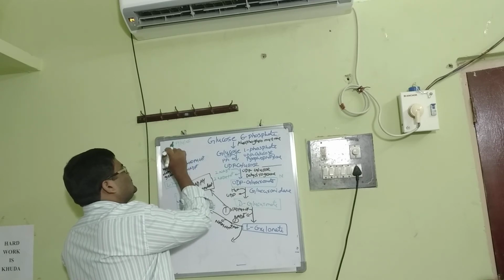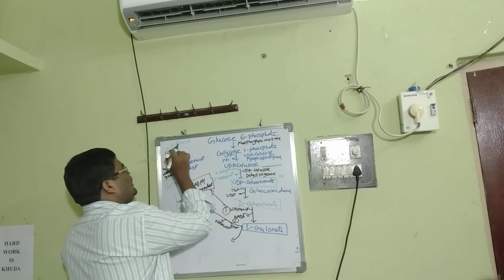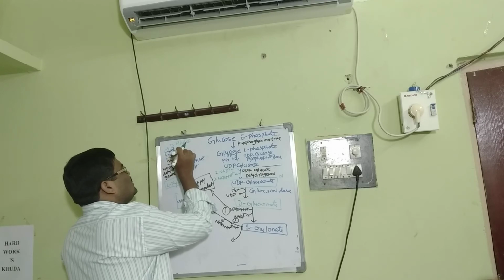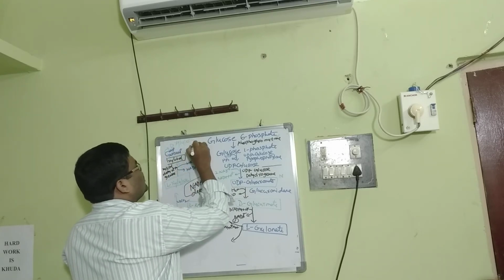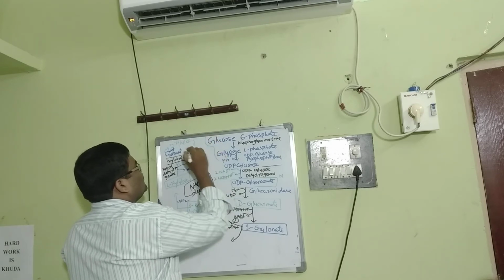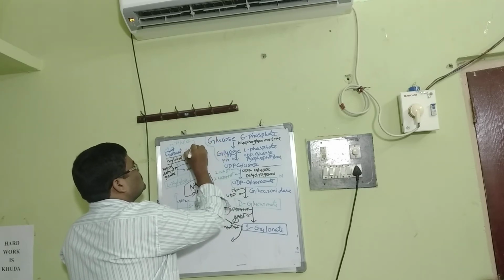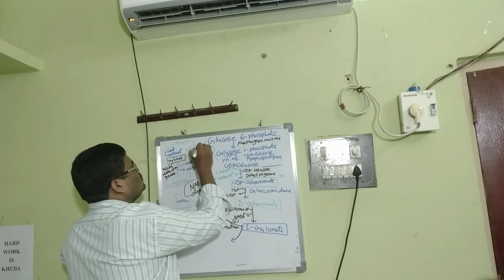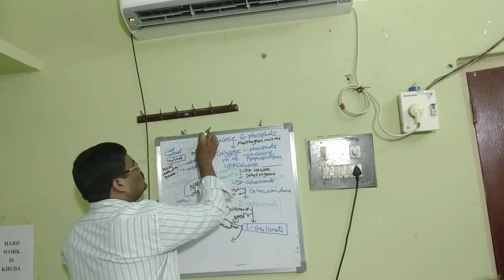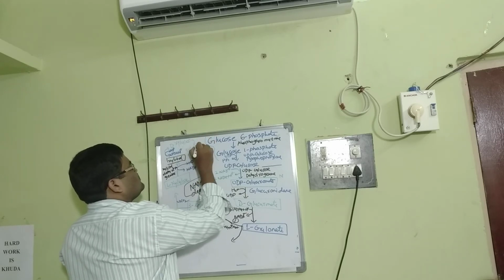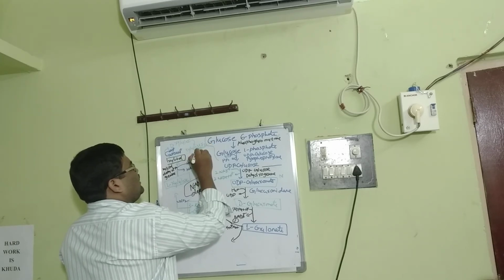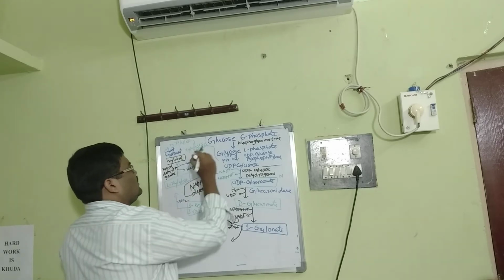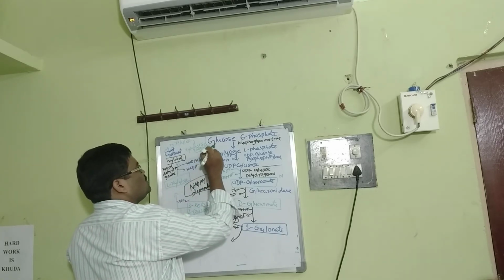NAD plus becomes NADH plus H plus. Then D-xylulose becomes xylulose 5-phosphate. That ultimately leads to HMP, the hexose monophosphate shunt.